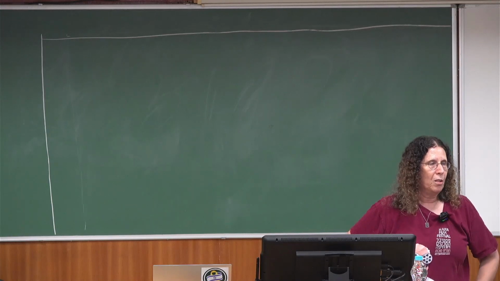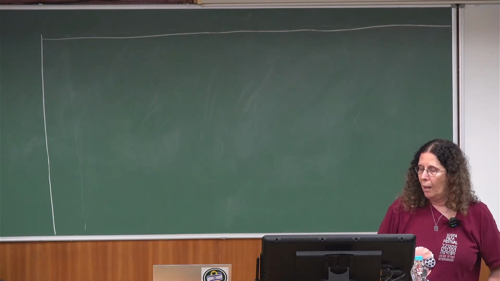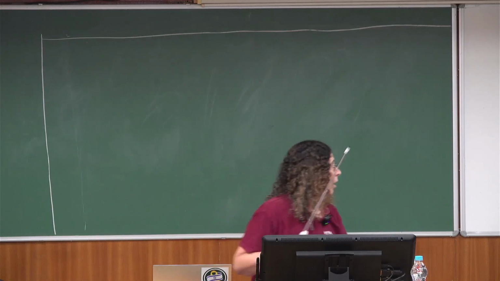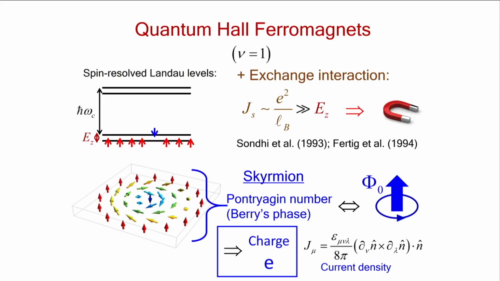They contribute the same, but it is a collective object, and there is actually a formal expression here for the charge current in terms of the spin texture. This operator, this n vector, unit vector, is the direction of the spin on the Bloch sphere.